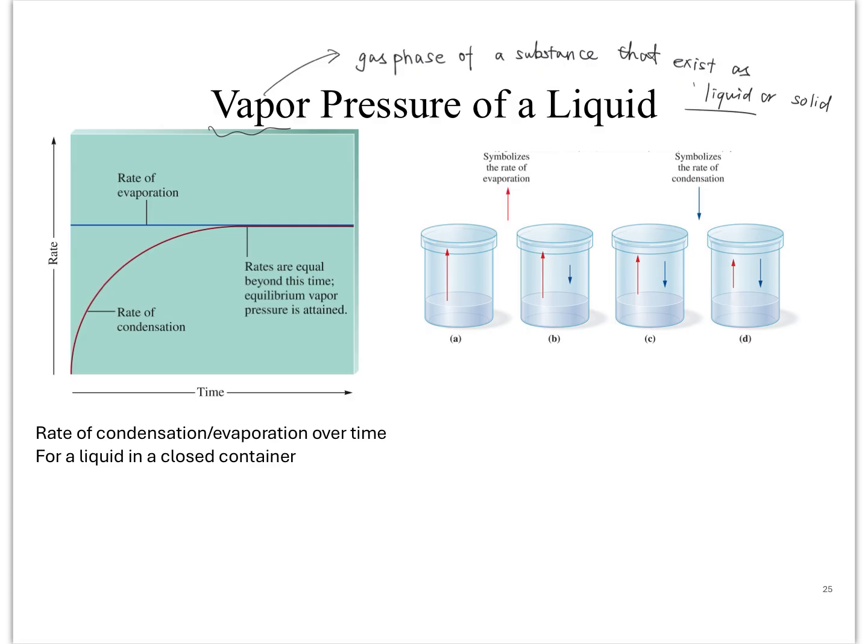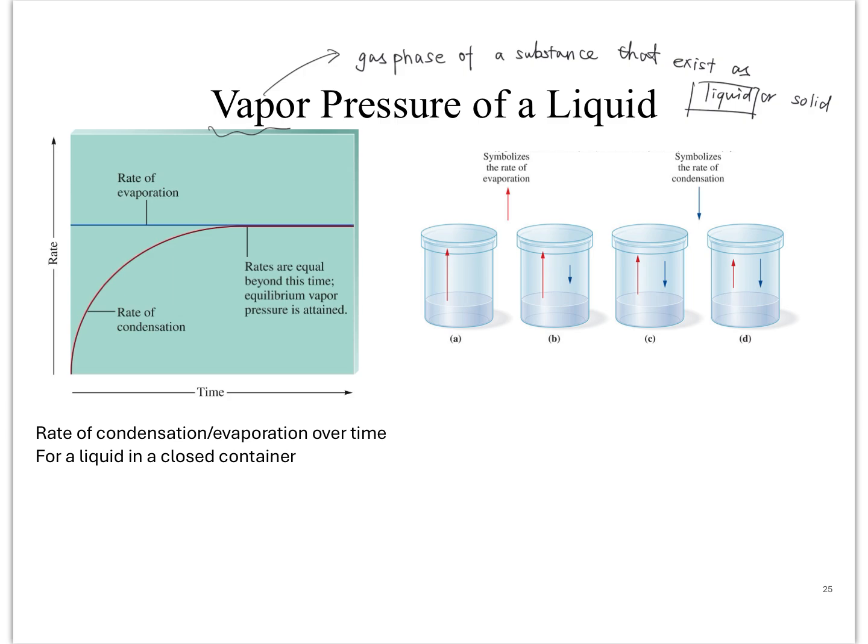Especially when you have a liquid, vapor pressure is more pronounced. And most of the time when we measure the vapor pressure, we are measuring at 25 degrees Celsius and at 1 atmosphere. But that is the vapor pressure.